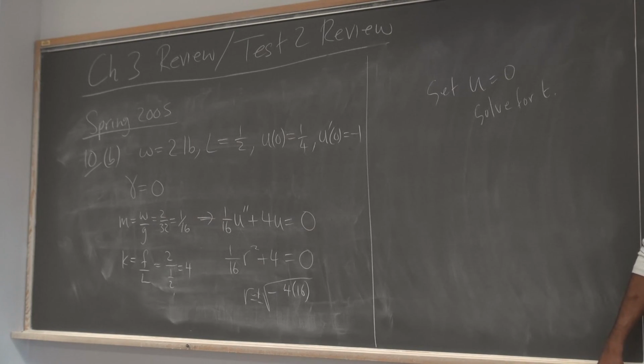Any questions? For problems where you use undetermined coefficients, is it possible to also use variation of parameters? Yes. Variation of parameters is a general method. You can use it anytime. Which method is more efficient?